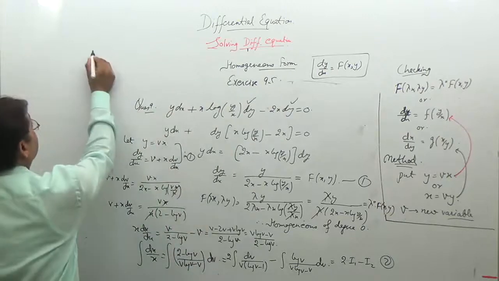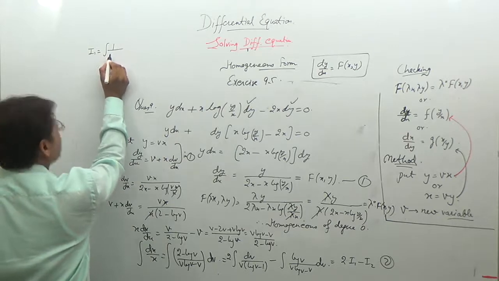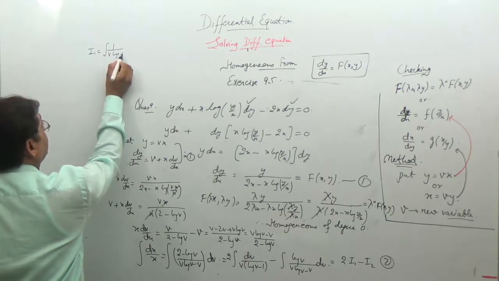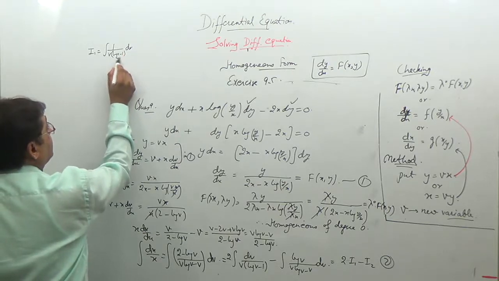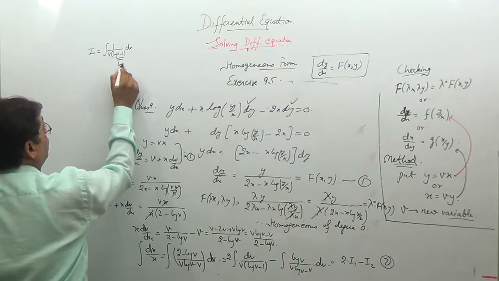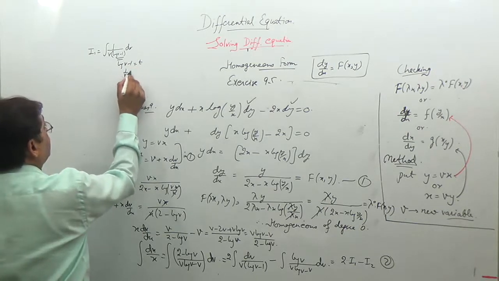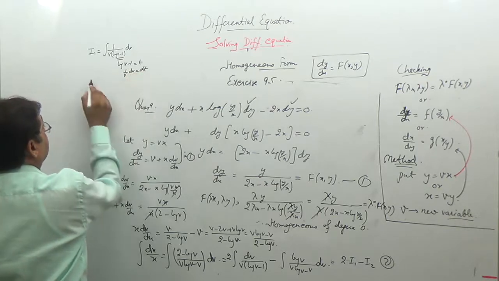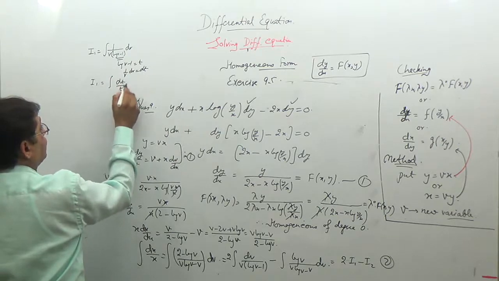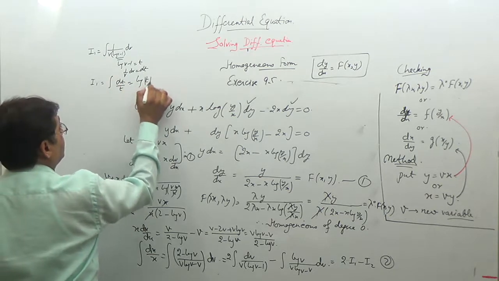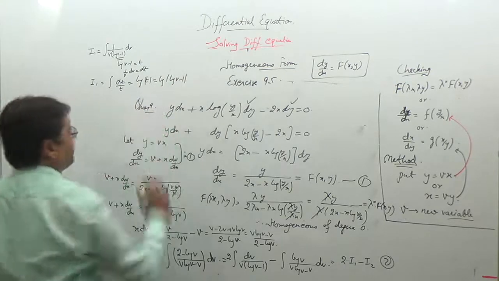Now your question I1 is 1 upon v log of v minus 1. Now put log v minus 1 is equal to t. You will get 1 upon v dv is equal to dt. That is I1 will be dt upon t, which will be log of t, that is log of v minus 1.